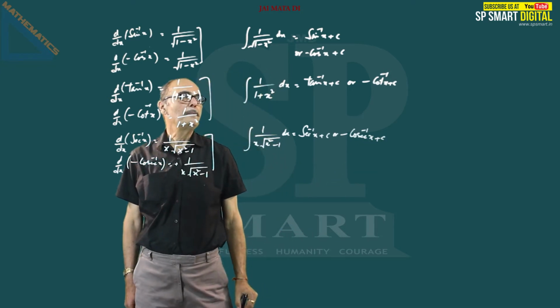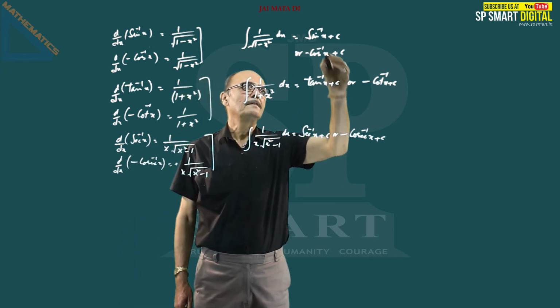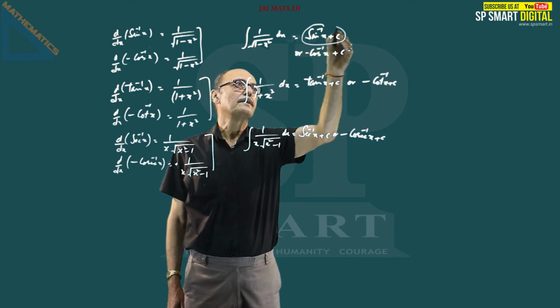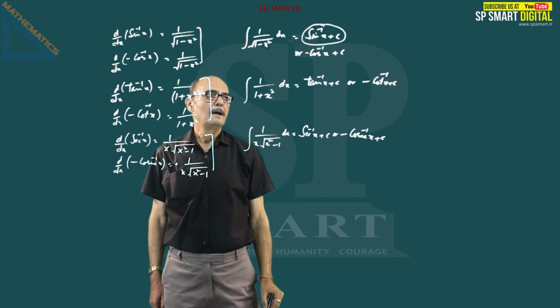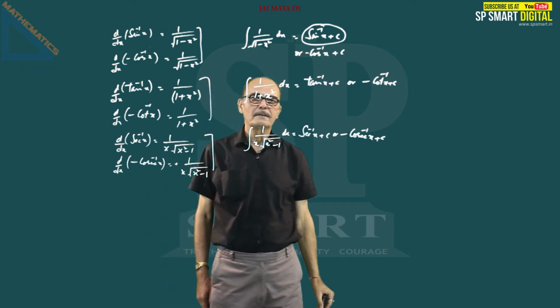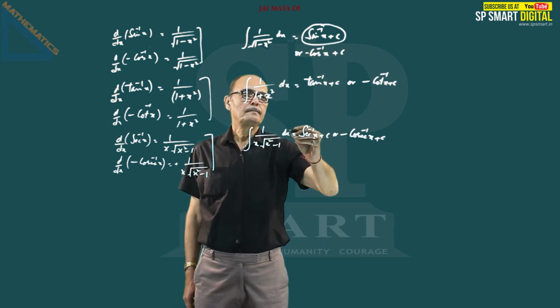So, normally we use these formulas as: integral of 1 upon under root 1 minus x square is sin inverse x plus c, unless the other is required somewhere.